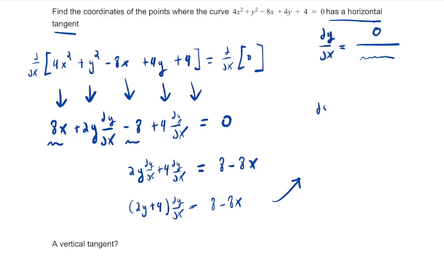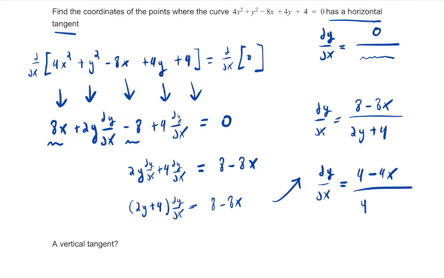Finishing this off, we'd have dy/dx is equal to 8 minus 8x over 2y plus 4. And so we could divide all of those things by 2. So let's simplify this. We'd have 4 minus 4x over y plus 2.